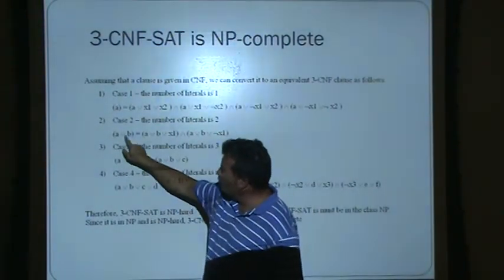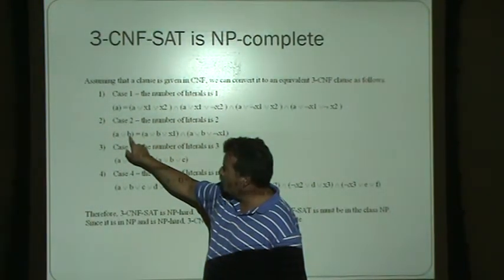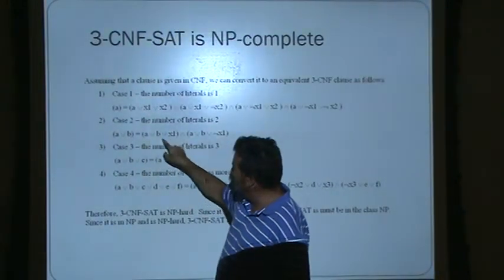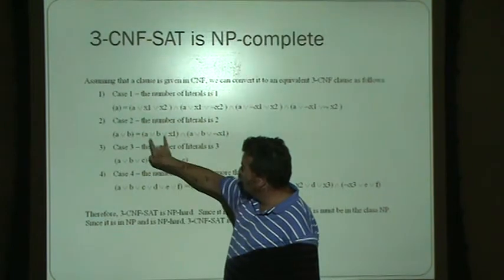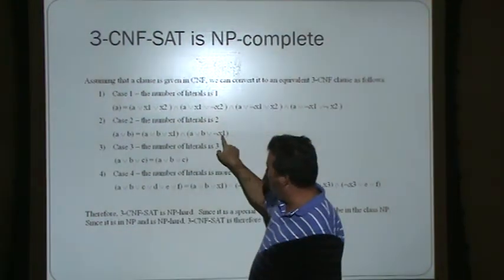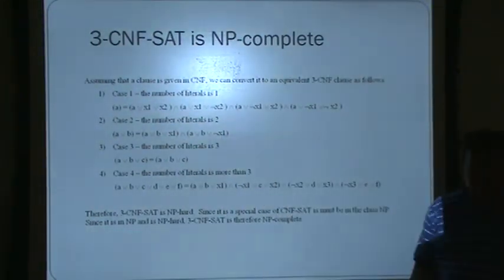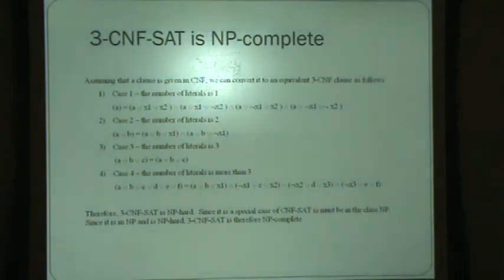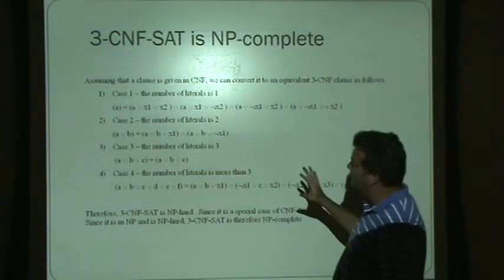So for example, if A or B is true, then both of these will have to be true. One will be A and B, and the other one will be 1. So all we're doing in this case is basically saying this.